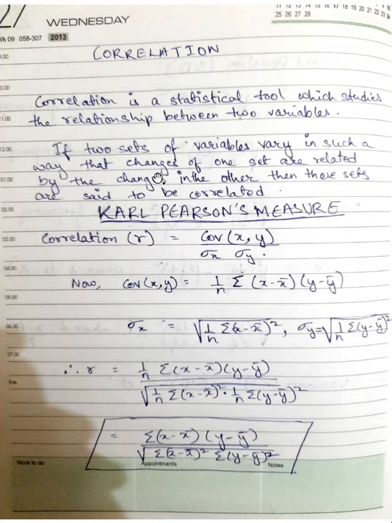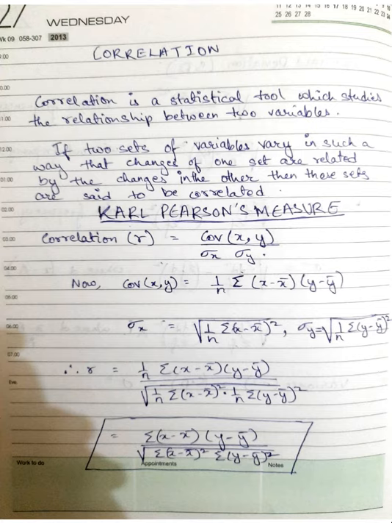If the changes in one set of data don't relate to the changes in the other set of data, we say that the two variables are uncorrelated. That is, the correlation between the two variables is zero.